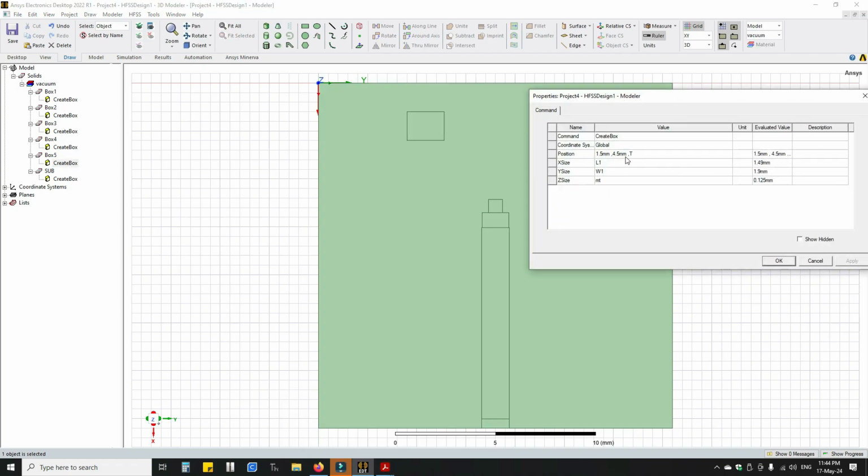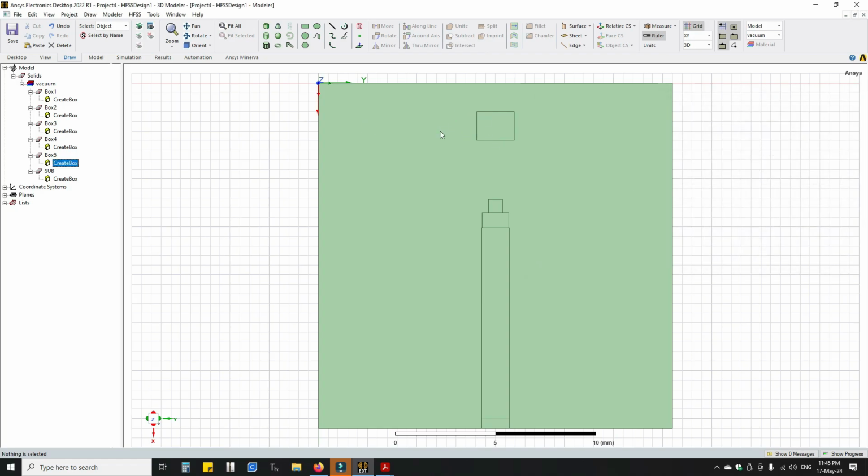So initially I know that the length of the substrate should be half, so that the entire radiating element starts at the middle of the substrate. Now I'm going to subtract this width W1 by 2 so that it is at the middle of this entire substrate.